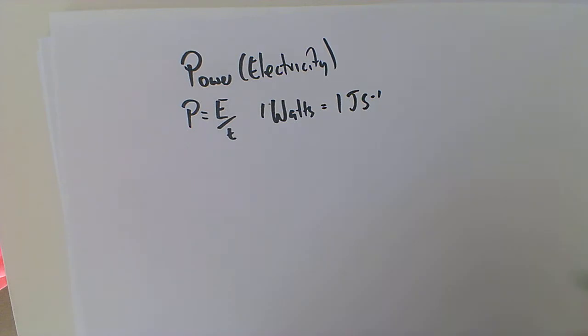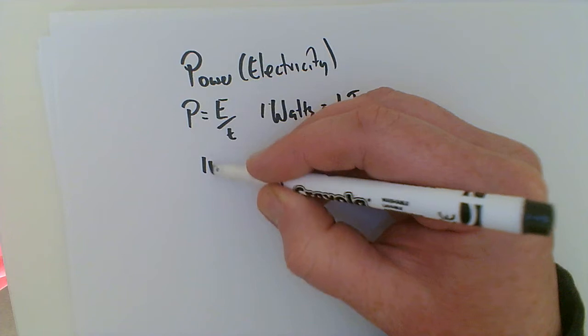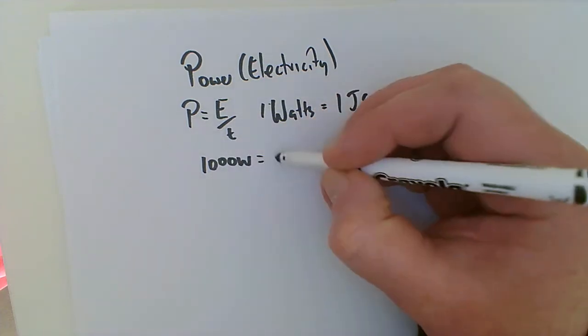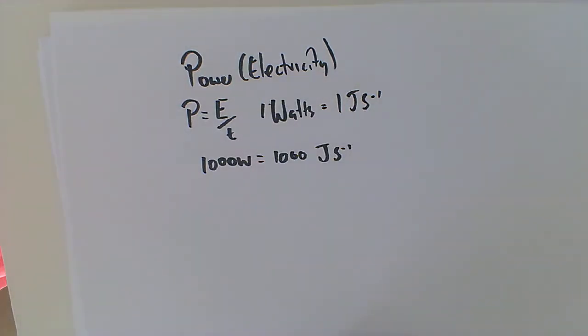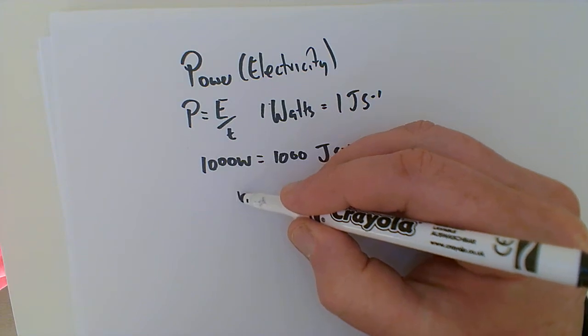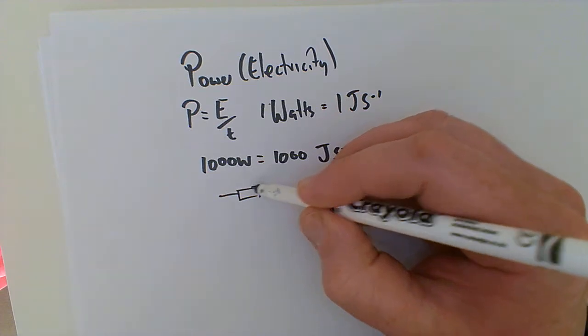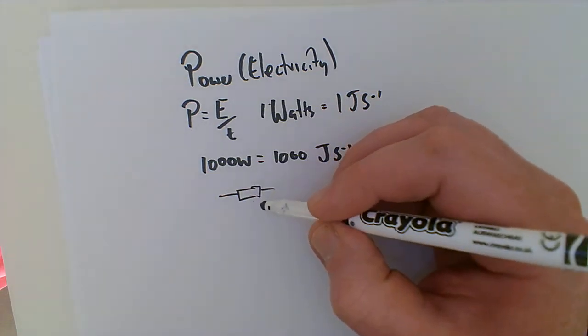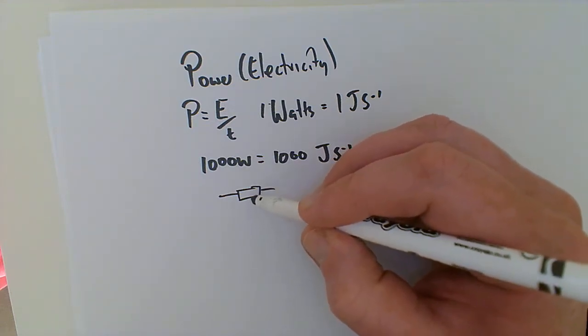So if I have an electrical appliance, for example a toaster that's maybe 1000 watts, we're saying that 1000 joules are transferred every second, and that gives us our power rating for the appliances. Now everything that transfers energy has a power rating, so even the humble resistor has energy going through it that's transferred into heat a little bit, and it therefore has a power rating.